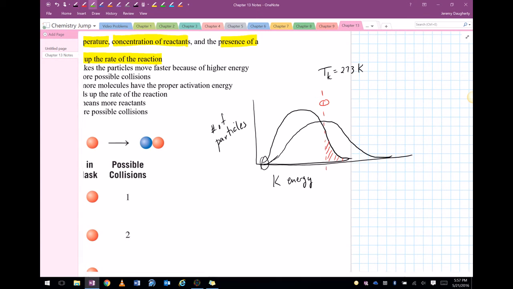So now we see the molecules bounded in the red and green will have enough energy. That was the initial energy, and now the second energy is going to be greater than 273 Kelvin. More molecules are going to have the required energy to react.